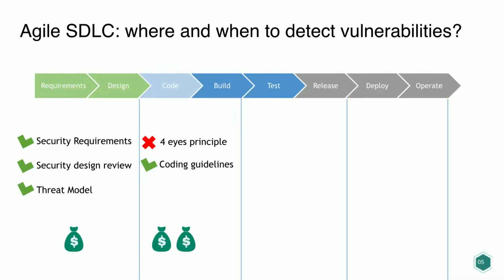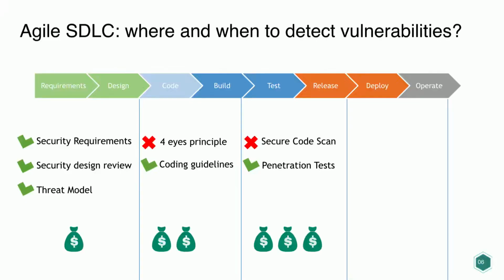And if we take into consideration the Fortnite app problem, the four-eyes principle maybe wouldn't detect that problem, because it's not in the security requirements, it's not in a threat model, so it's fine. But maybe if we have coding guidelines, that will be easily detected because Google says it's not safe at all to use that.